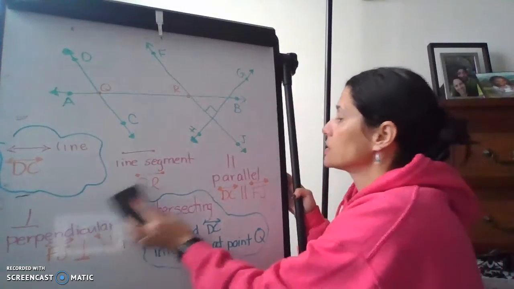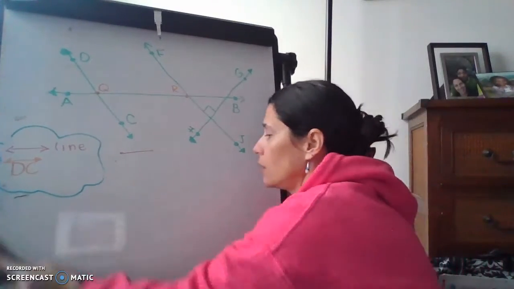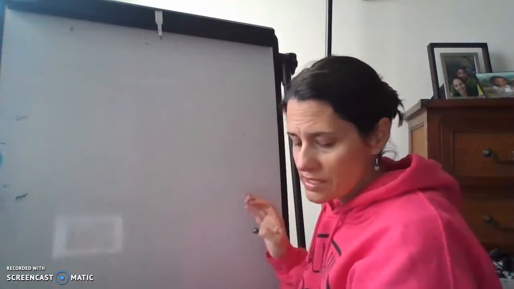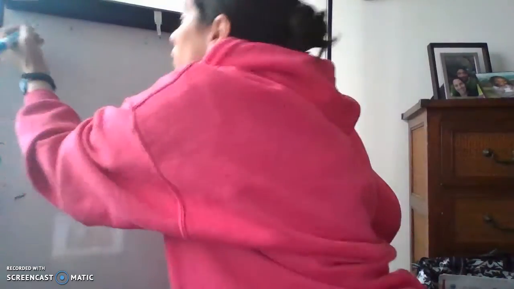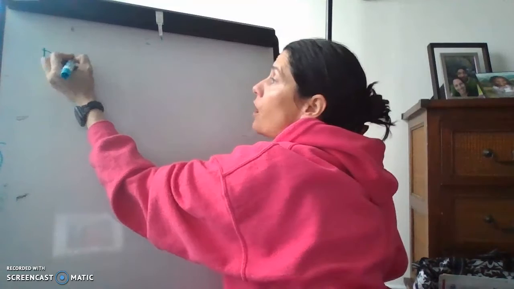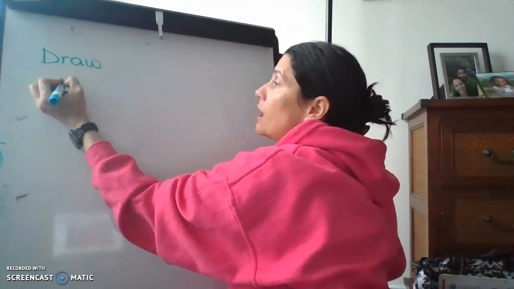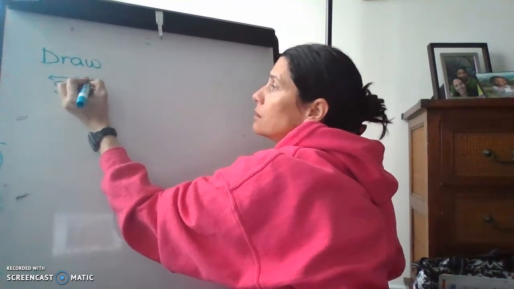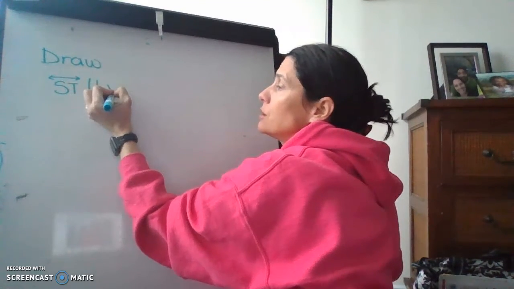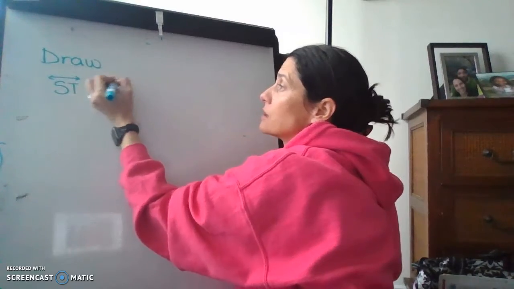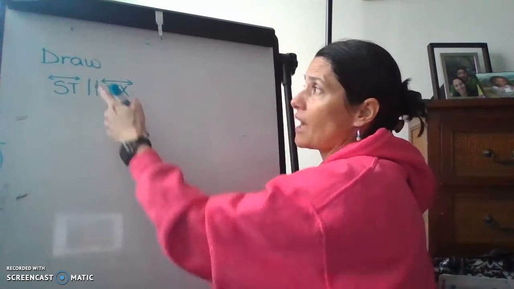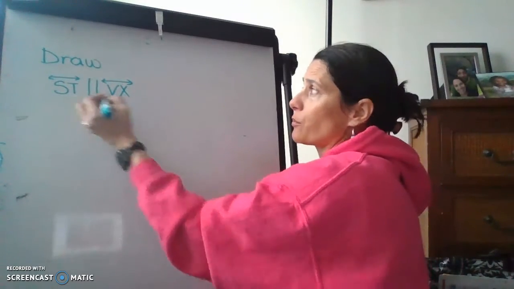Now, one of the other assignments that it might ask you to do is to draw your own. So if your directions say draw ST parallel to VX, that means I have to draw a line and they have to be parallel, and this was the symbol for parallel.